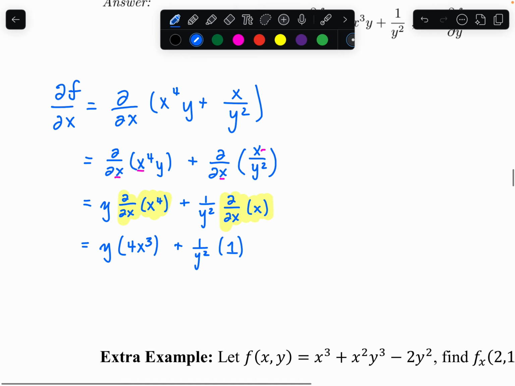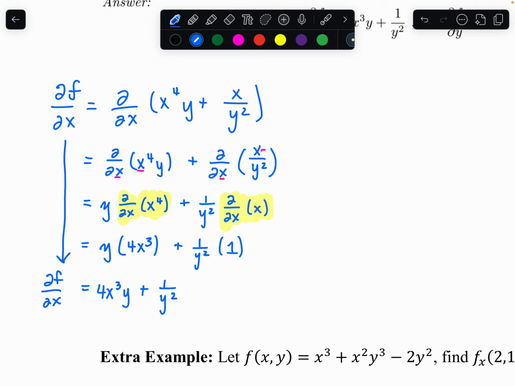And then I'm just going to kind of clean my notation up a little bit. 4x to the 3rd y plus 1 over y squared. There's my partial derivative with respect to x. Now we can kind of start to see why knowing which variable, whether it's x or y, is important and needed in the notation. Okay, so let's do it for y now.